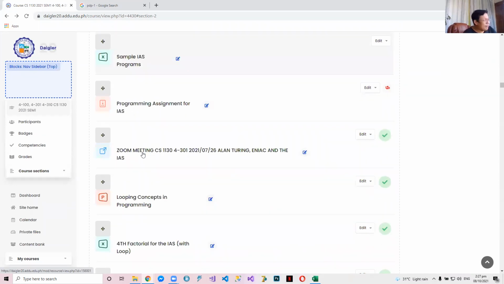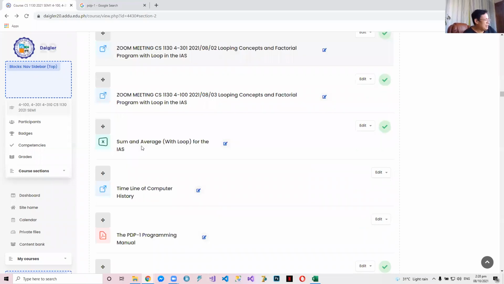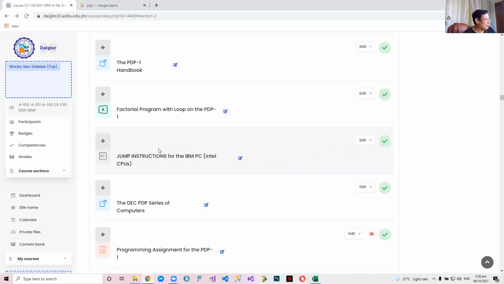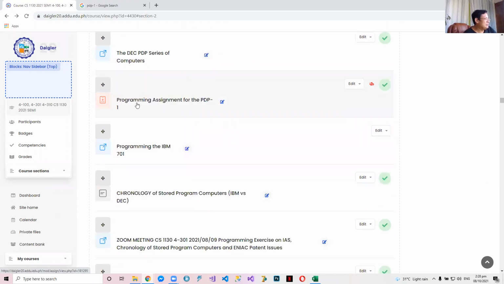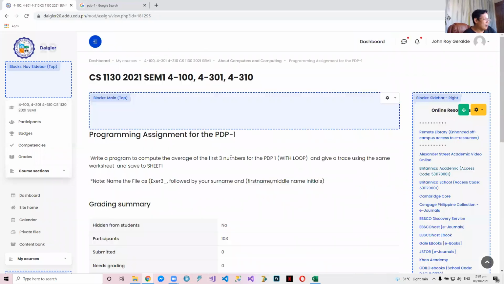You can close your eyes and then write the program on paper. So: write a program to compute the average of the first three numbers for the PDP1 with a loop, and give a trace using a worksheet, and save it to sheet 1.